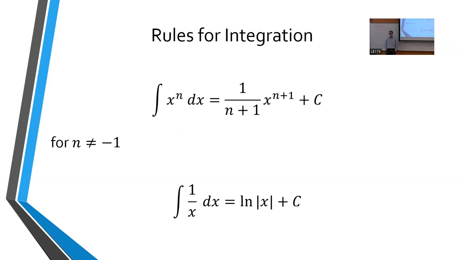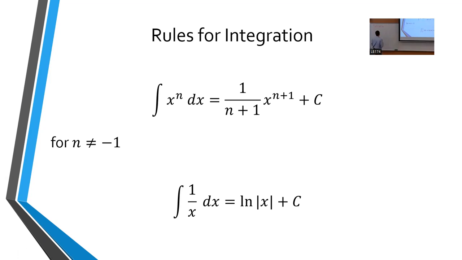The only place it doesn't work is when n is -1, because when n is -1, then you're dividing by 0 here. So that rule works for every n except when we have to divide by 0. And we divide by 0 when n is -1. So that rule works everywhere except when n is -1.